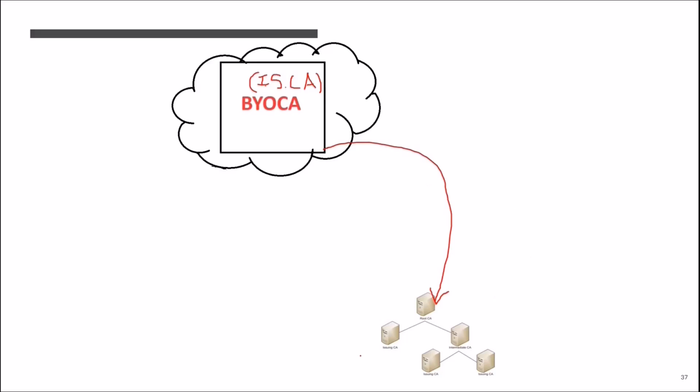However, in the second methodology, obviously you can use it only if you have an on-premise infrastructure. If you don't have an on-premise infrastructure, then how will you link this issuing CA with a root CA? This root CA needs to be a private root CA. It cannot be a root CA of Amazon or anything like that. It needs to be a private root CA present on-premise.